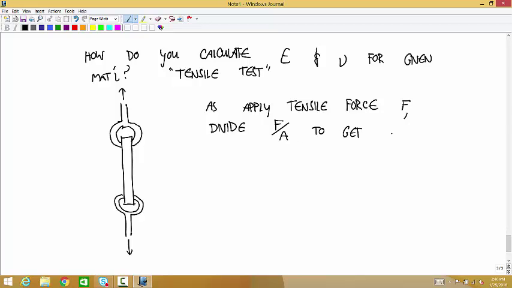to get, we'll call this the X normal stress. So let's think of a coordinate system like this, with the x-axis along the long axis of that sample piece.